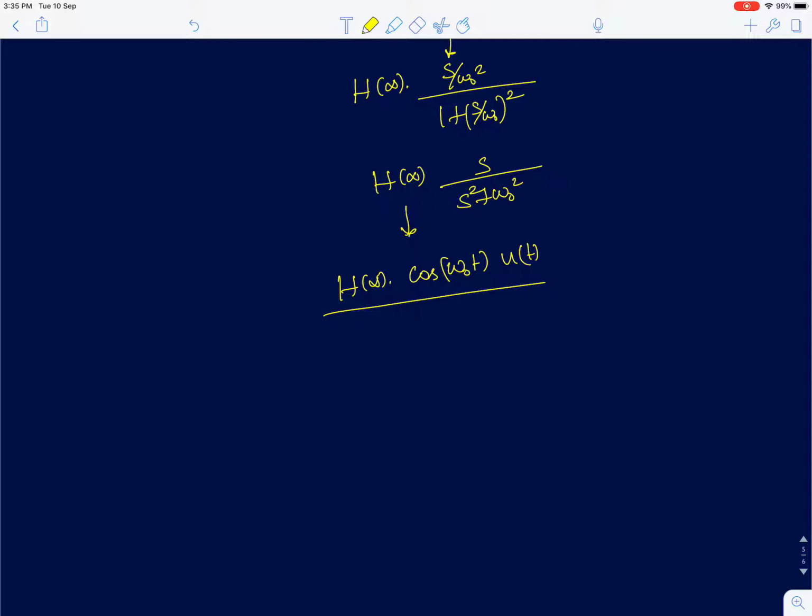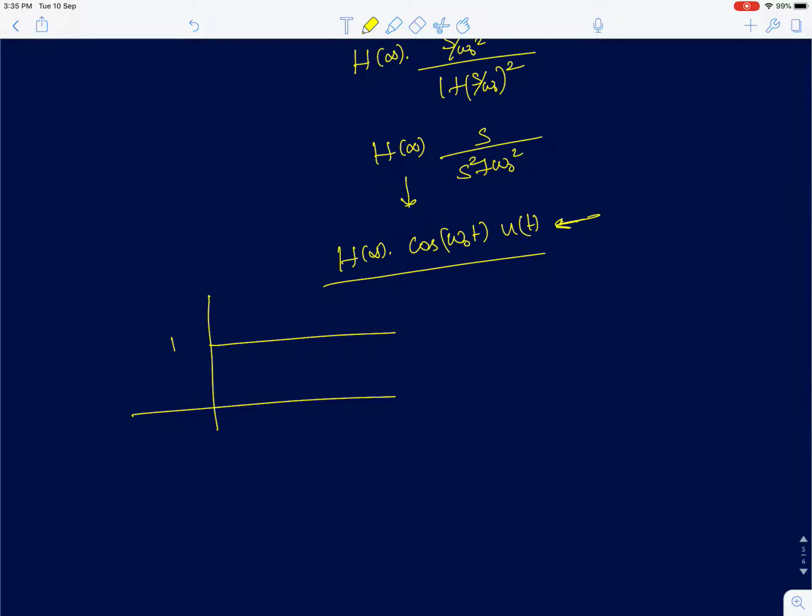Here I'm feeding a step input with an amplitude 1. As we can see, this function is a pure sinusoid with 0 average value. Even though a step function has a finite average value of 1, it's a high pass filter, so it should reject the DC signal.